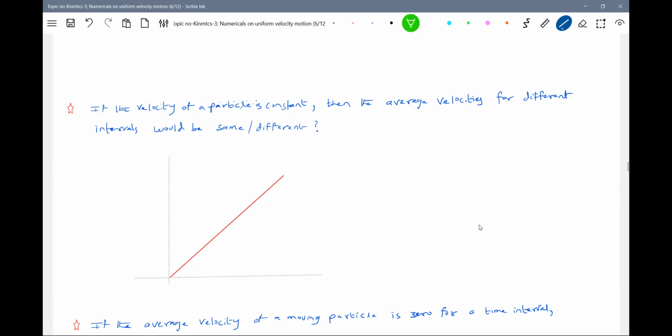Different intervals is what it says, so I'll change the intervals of time and see what we get.